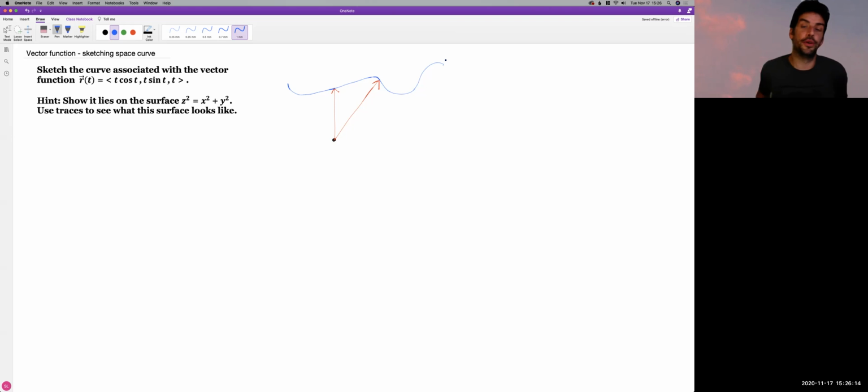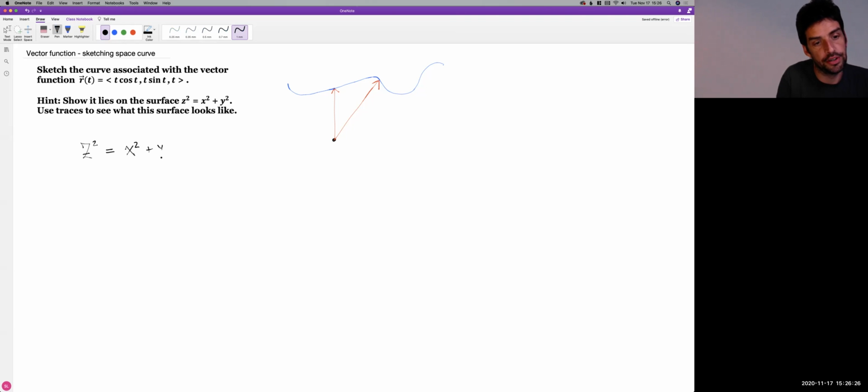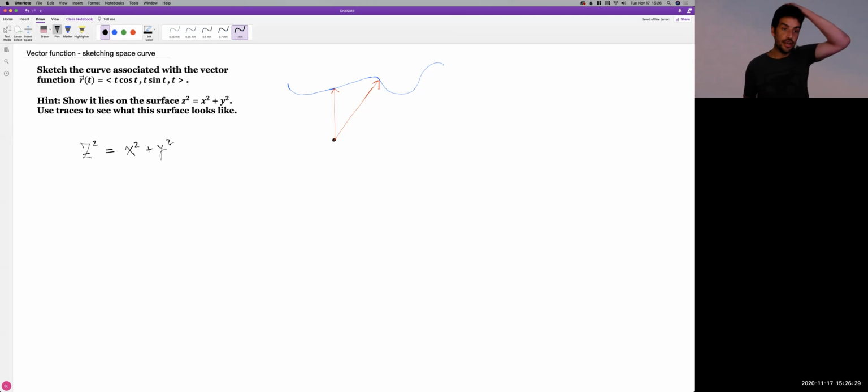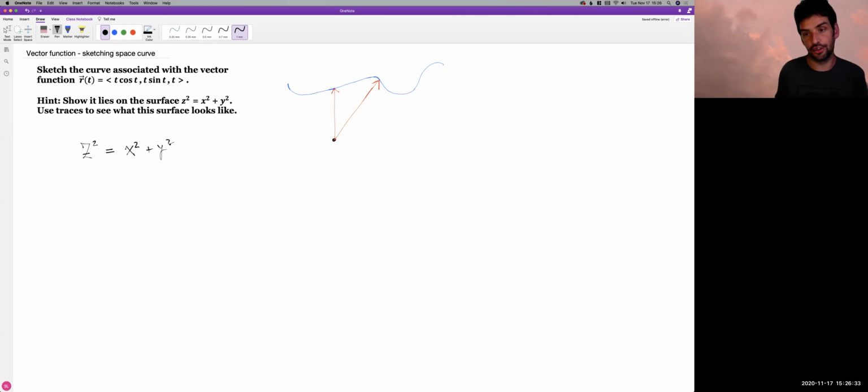There's lots of ways we could go about doing this, but the problem suggests taking a look at the surface z squared is equal to x squared plus y squared, and noting that this vector function lies on this surface.